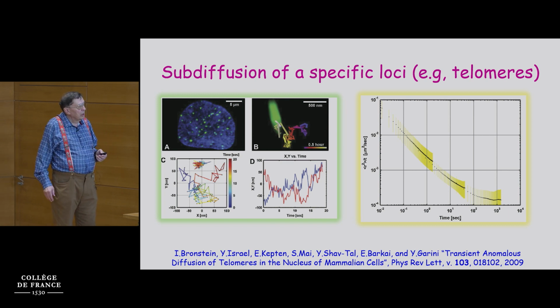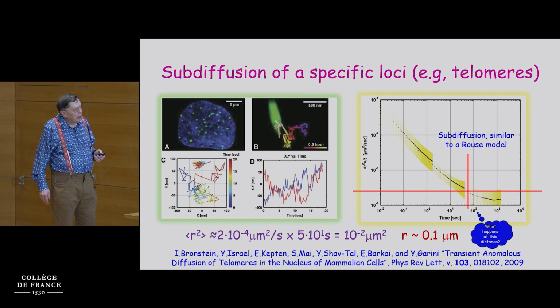So let me tell you a little more, but in order to tell you a little more, I want to tell you that there is something mysterious in this graph which I don't understand.